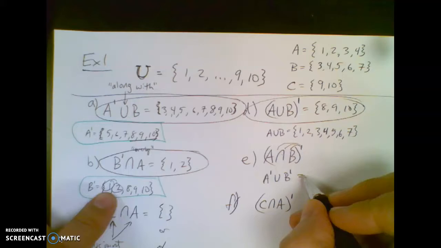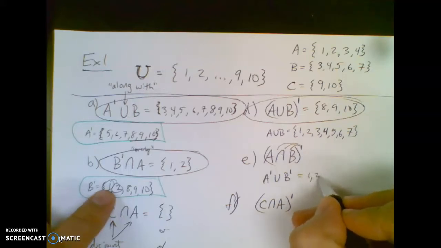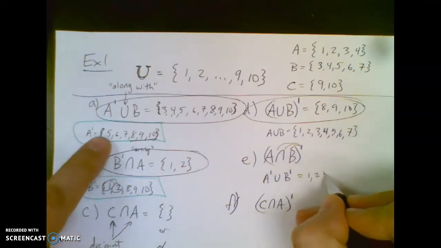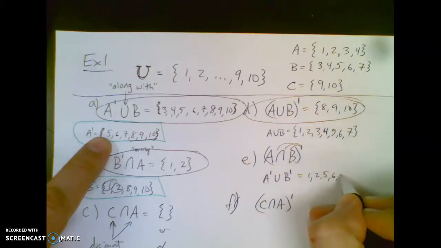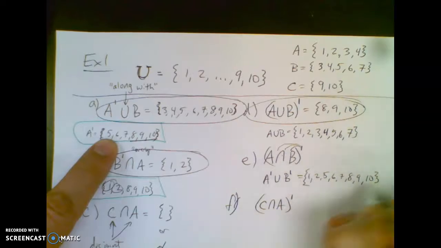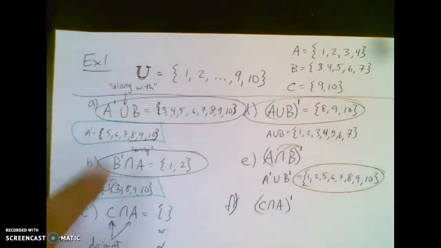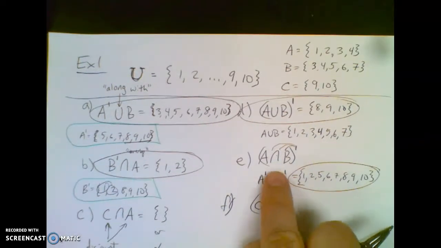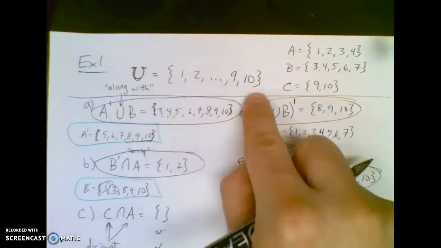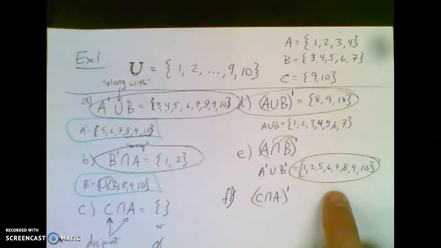So that would be a 1, a 2. I don't see a 3 or a 4, but then we got a 5, a 6, a 7, 8, 9, 10. I don't need to put any repeats. So that is the equivalent. Guarantee if you found where they crossed, which was 3 and 4, and you took everything that's not 3 and 4, you get the same answer, right?